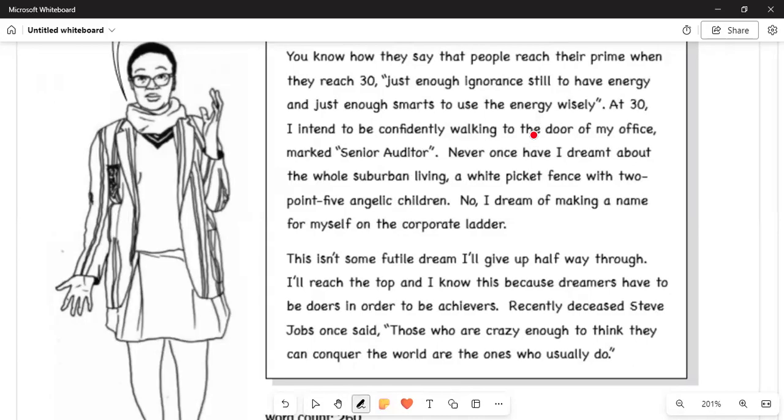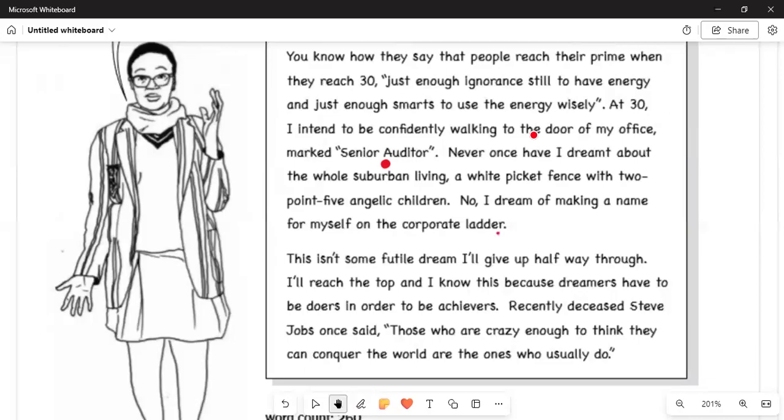So we can see that these are his dreams, the drive, the personality, and what it is that she wants to achieve in life. Never once did I dream of a white picket fence with 2.5 allergic chickens. No, I dream of making a name for myself on the corporate ladder.